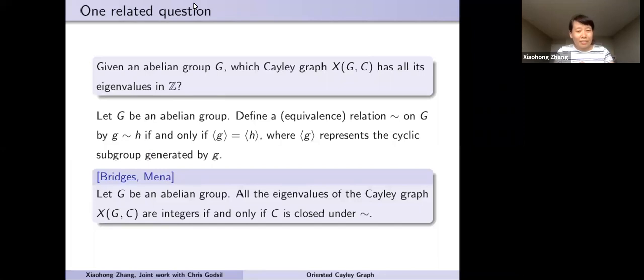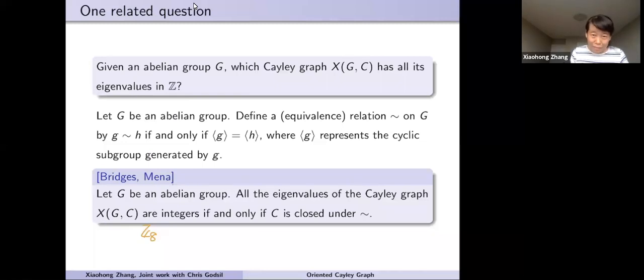The result was by Bridges and Mena. It said all the eigenvalues of a Cayley graph are integers if and only if the connection set is closed under this equivalence relation. So for example, if we check the group Z8, all the numbers coprime to 8 are generators of the group.